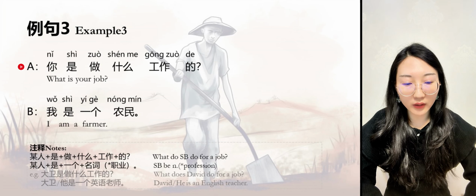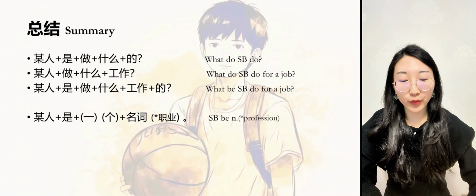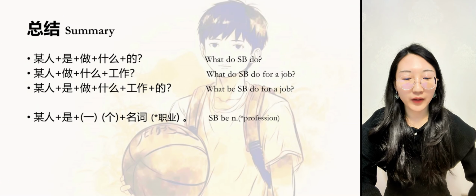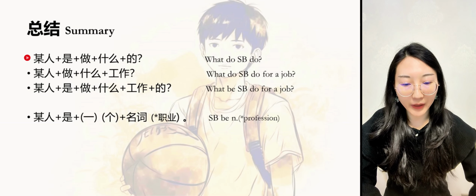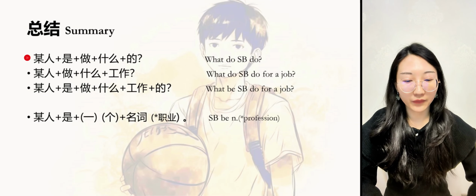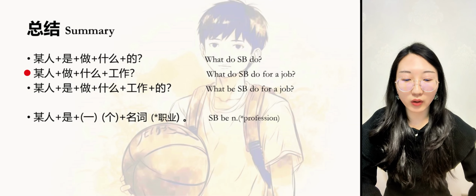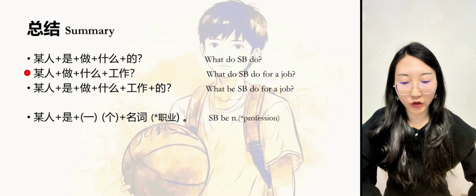你是做什么工作的？我是一个农民。So today we have learned 3 ways to ask people what they do. The first is 某人 somebody 是 be verb 做 do 什么 what 的 auxiliary word. Together it's 某人是做什么的。And the second is 某人 somebody 做 do 什么 what 工作 job.